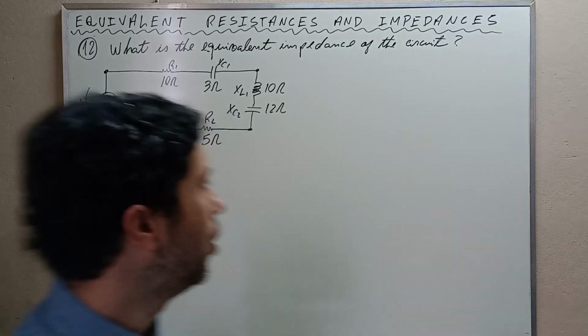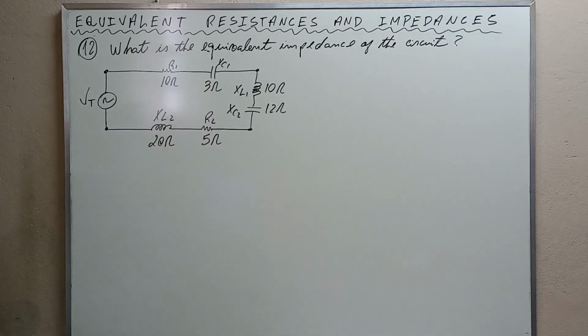Exercise 12. What is the equivalent impedance of the circuit? This is the question. Let's go to the solution. Observe that there are two resistors, two inductors, and two capacitors in the circuit.